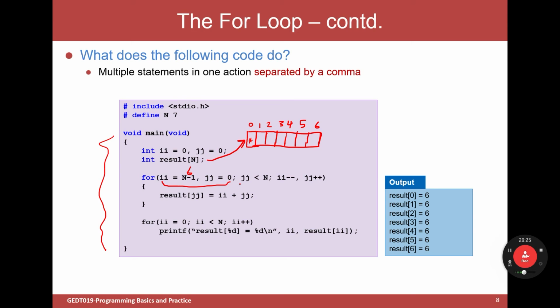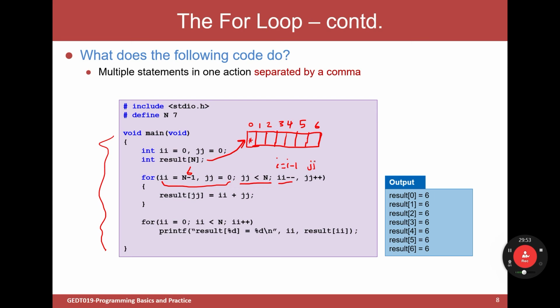And then here is the condition. The condition here, after the semicolon, says if jj is smaller than n, continue to execute this code. But if it's not, then stop. And what you do here is ii minus minus, and then jj plus plus. What is ii minus minus? This means i equals old i minus 1. What is jj plus plus?